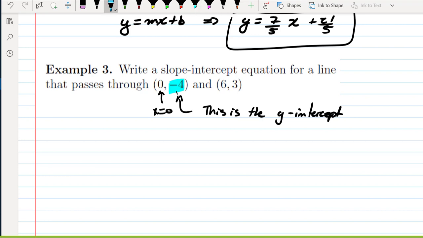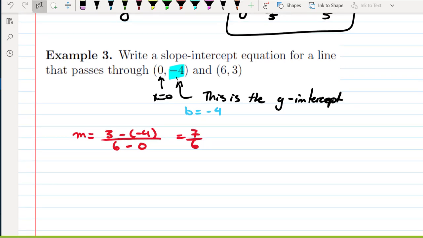We get that b is negative 4. So then we need to find the slope. So we're going to have 3 minus negative 4 all over 6 minus 0, which gives us 7 over 6. So then that gives us y equals 7 over 6 x minus 4.